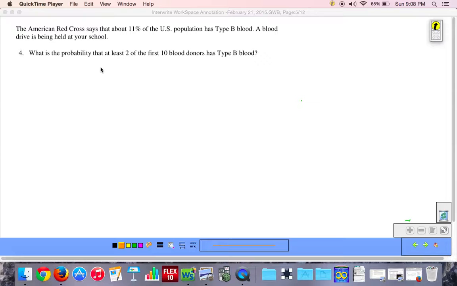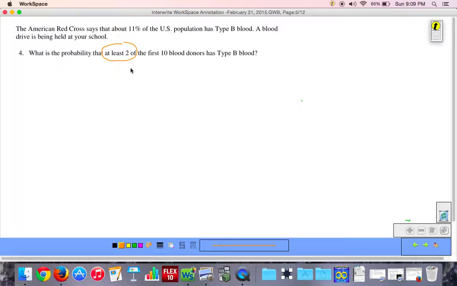And we want to know, what is the probability that at least 2 of the first 10 blood donors have type B blood? Again, some key words, at least 2. Well, at least 2 means what? 2 donors, or 3 donors, or 4 donors, or 5 donors, etc. Finding the probability of at least 2 would certainly be a lot of work.